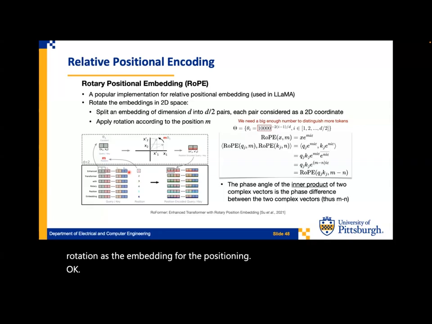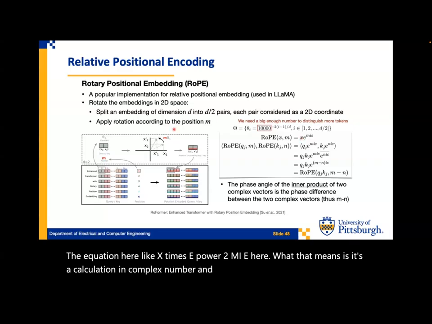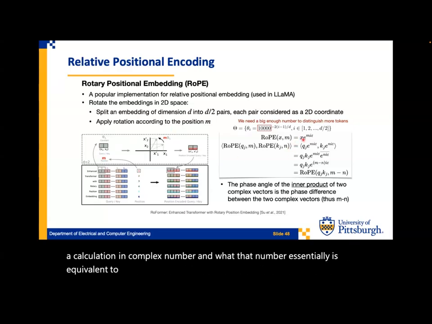What is the equation here, x times e to the power of i m theta? It's a calculation in complex numbers, and it is essentially equal to rotating x by these degrees. That's the equation in complex math.